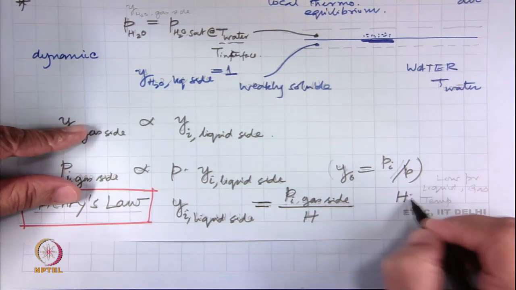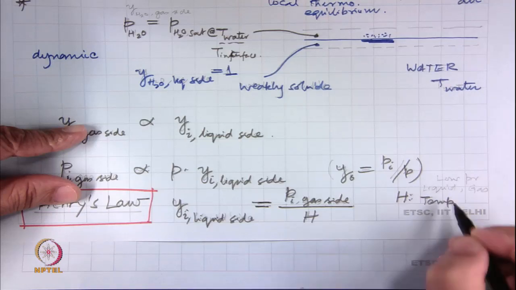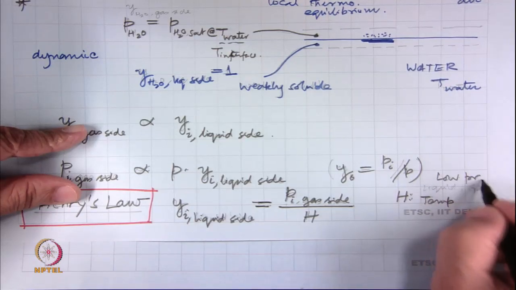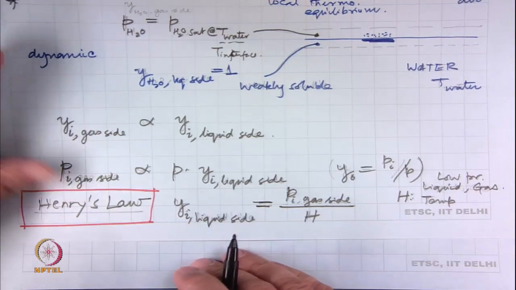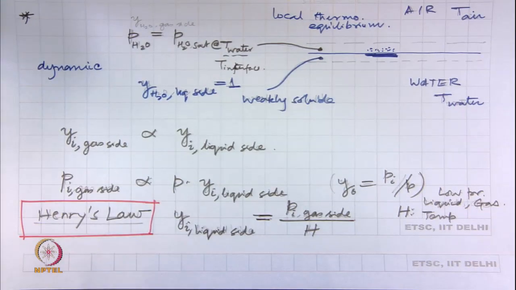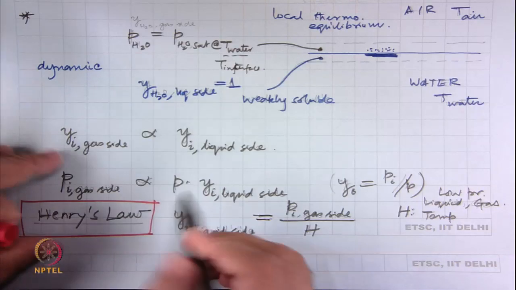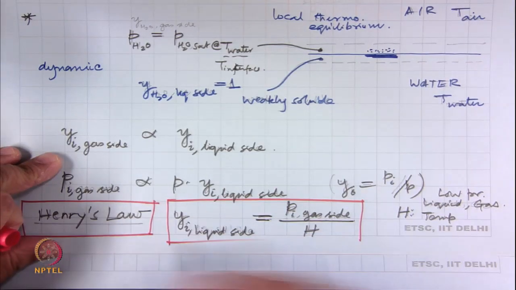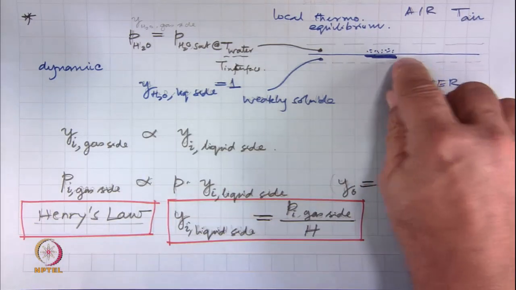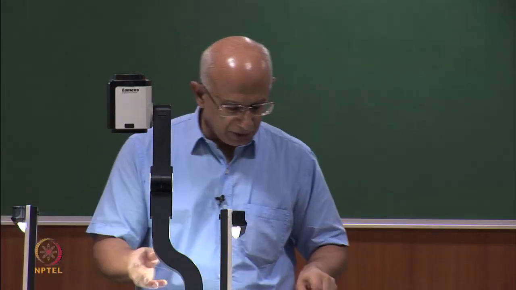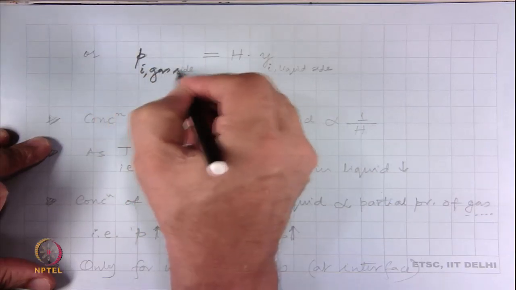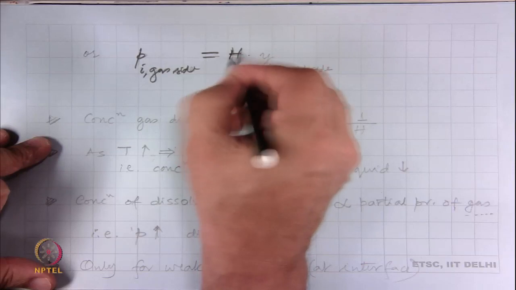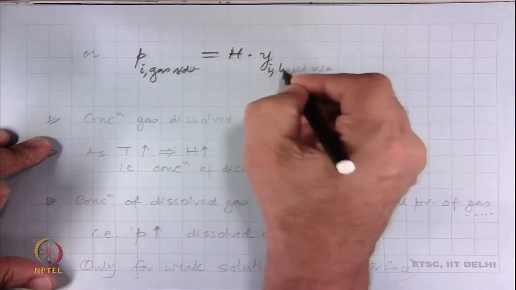This is valid at very low pressures and for mixtures of liquid and gas. So, here is one important expression we got to predict what the composition of these layers will be. The same expression, when recast, becomes Pi on the gas side is equal to H times Yi on the liquid side.